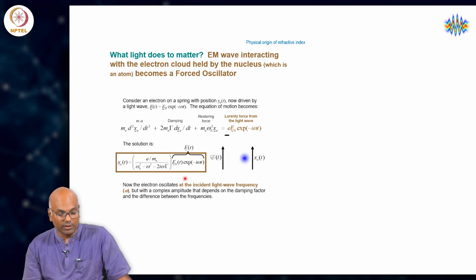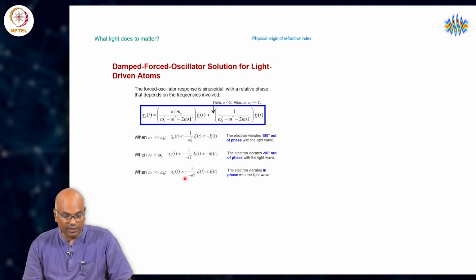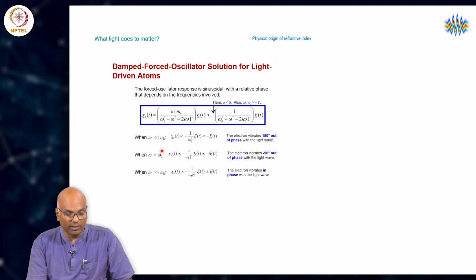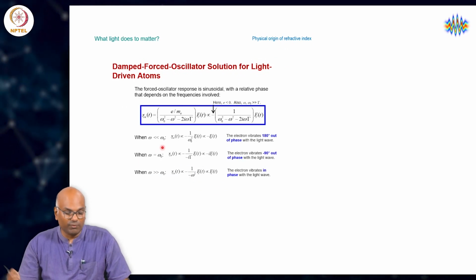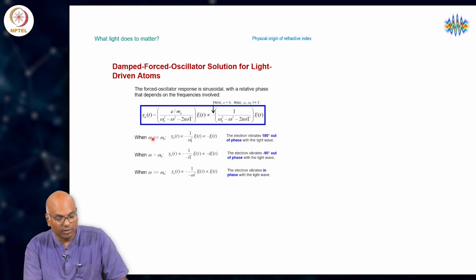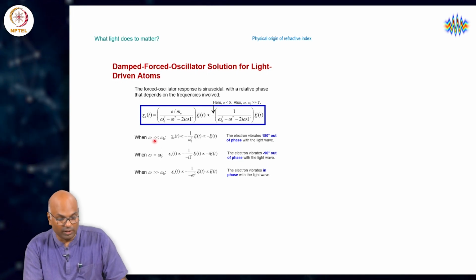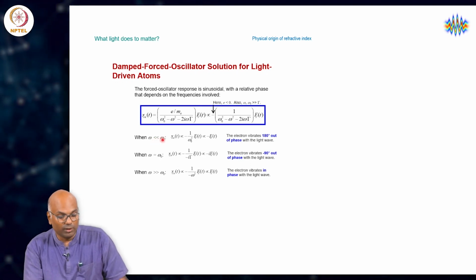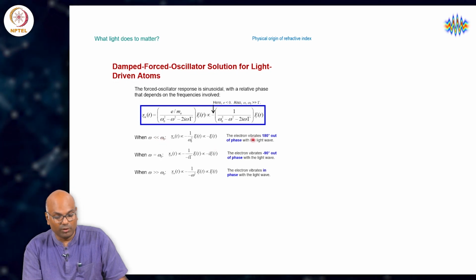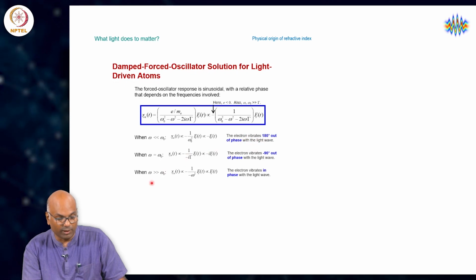We explored this in great detail in the previous lecture and found that when the driving frequency omega is much less than the resonant frequency, with underdamped oscillations, the electron cloud vibrates pi out of phase, or 180 degrees out of phase, with respect to the light wave.